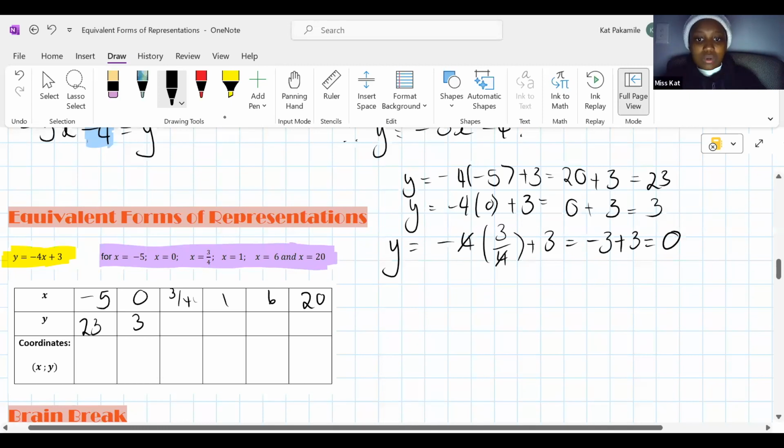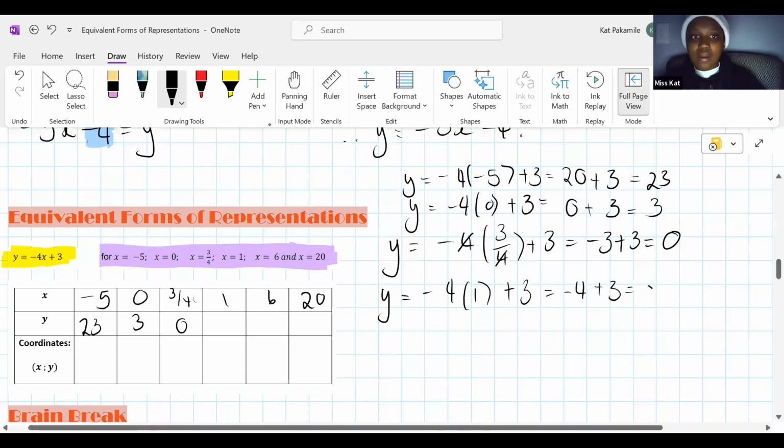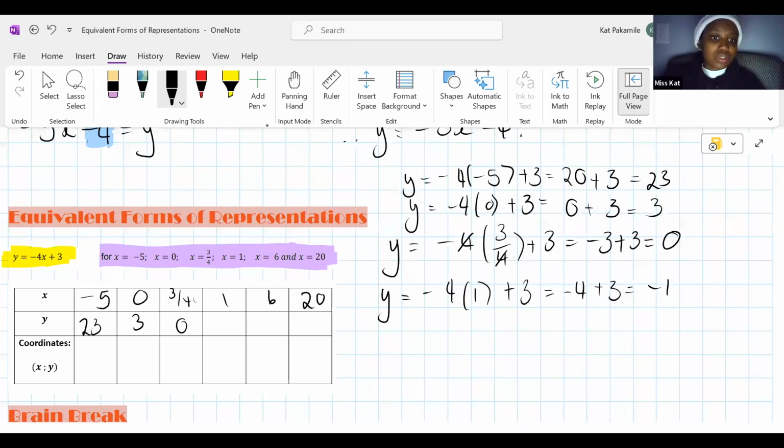Next input, y equals -4 times 1 plus 3. What's my output? -1, because this is -4 plus 3, which is -1. Next input, x equals 6.